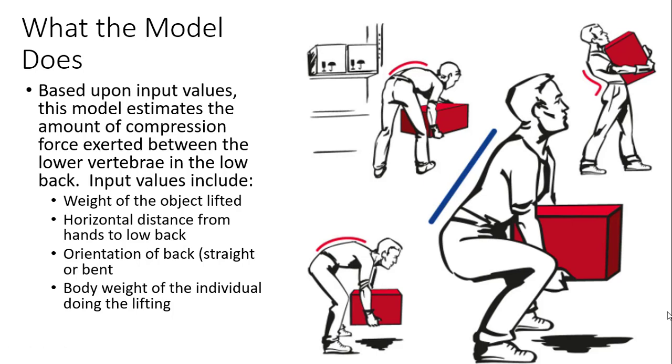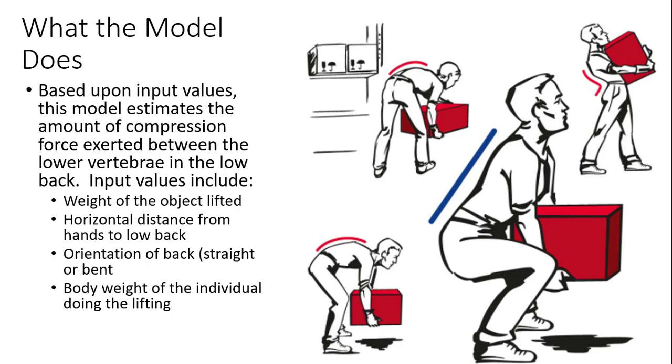If we know the maximum amount of compression force that can be exerted before an injury is likely to occur, it gives us a way to quantify the risk factor, at what point somebody is risking a back injury. This model, by the way, is used in physical therapy, in workplace injury prevention programs, and in lots of different environments. So it's one you may encounter at some point if this is an area that you work in.